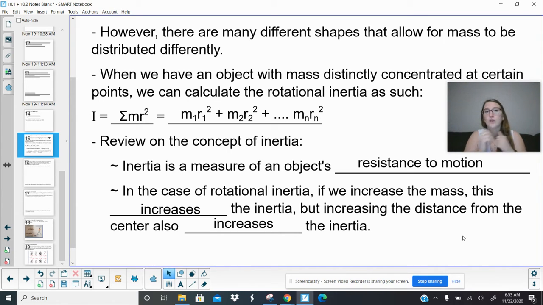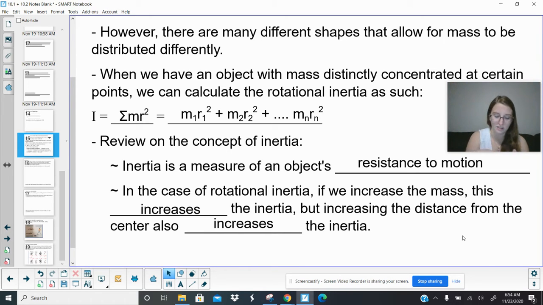That's because it has a greater rotational inertia, resistance to motion, if we are increasing that distance from the center of the object. That's also why rotating from the center versus rotating from the end of the pencil is a little bit more difficult.